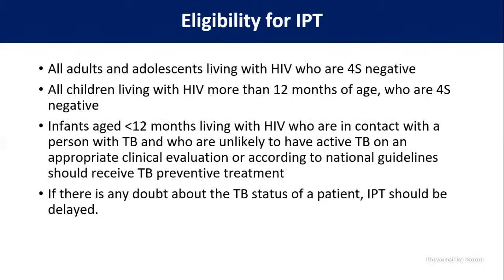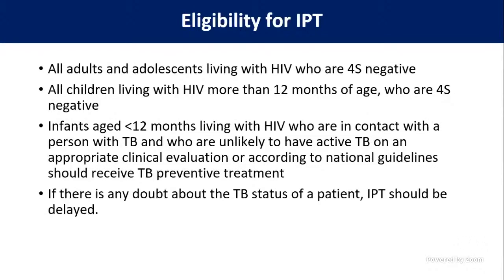All children with HIV more than 12 months of age who are 4S negative are also considered for IPT. Infants aged less than 12 months living with HIV who are not in contact with a person with TB, and who are unlikely to have active TB on evaluation, should receive TB preventive treatment according to national guidelines.